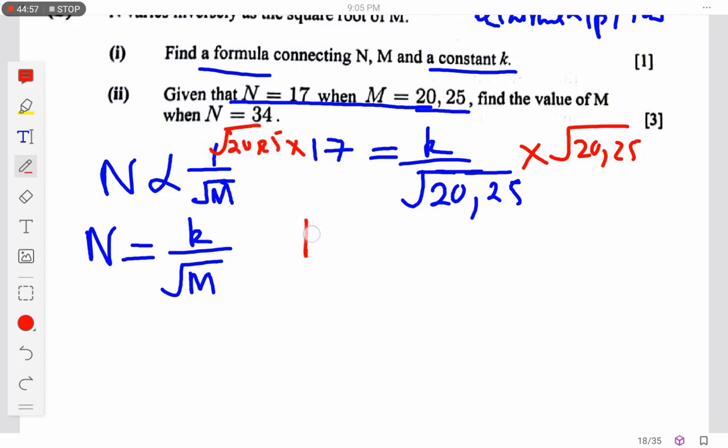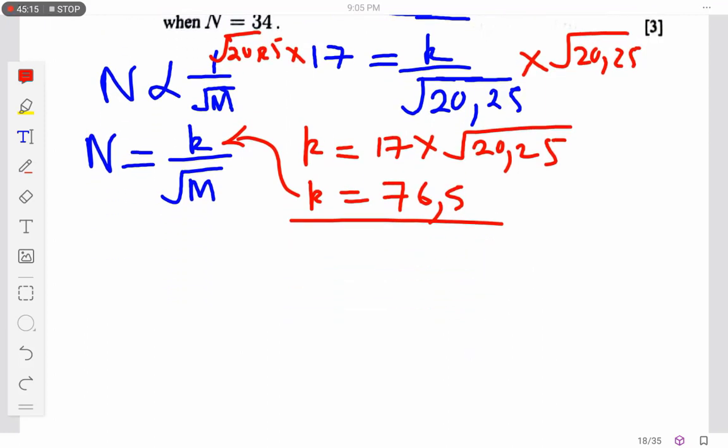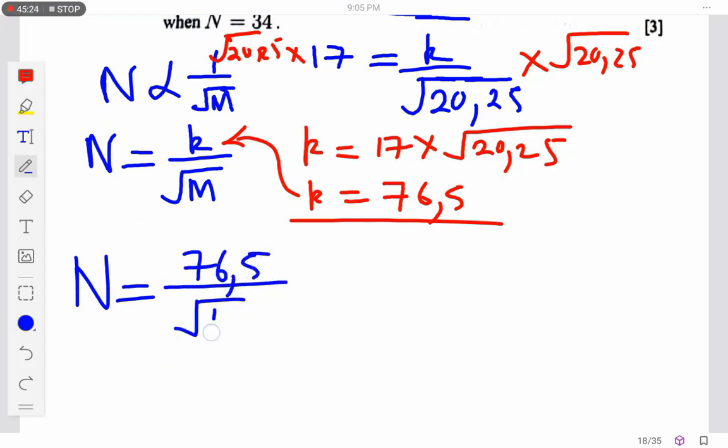So my k is going to be equal to 17 times the square root of 20.25. If you multiply this, you are going to get k is equal to 76.5. So when I get this k, I can substitute it there. At the end of the day, my n is going to be equal to 76.5 all over the square root of m, like this.